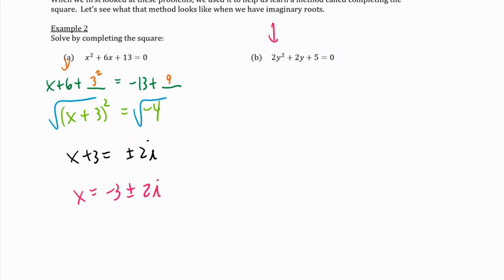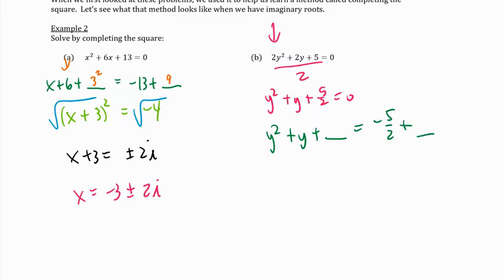B, remember, this has to have a coefficient of 1, so I have to divide everything by 2. I'll move that 5 halves over to the other side. I'll take half of 1, which is a half, and square it. So I'm actually adding a fourth to both sides.